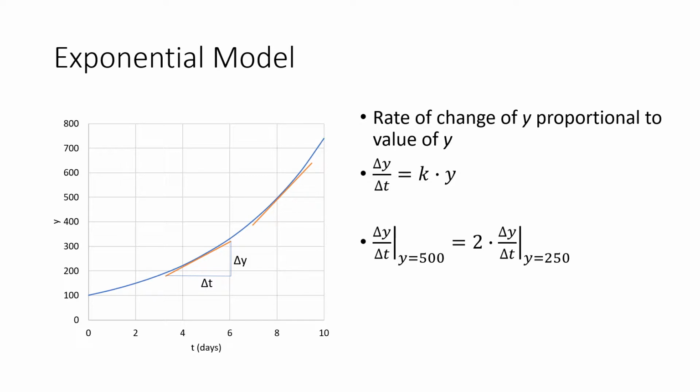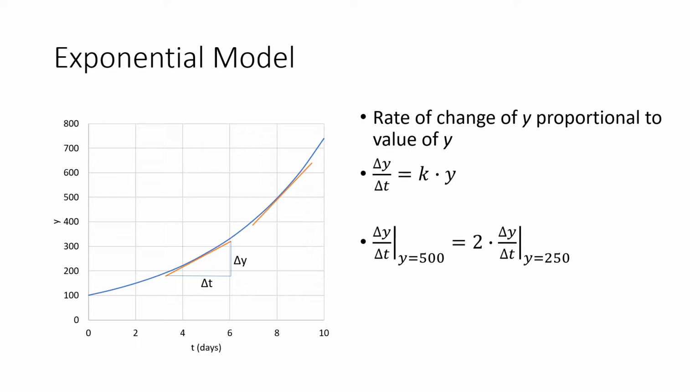You may not realize it, but delta y over delta t is the slope of a line that would be tangent to our exponential model curve. As the y value gets higher, the slope is going to be steeper.